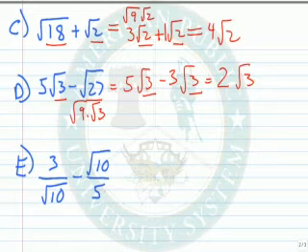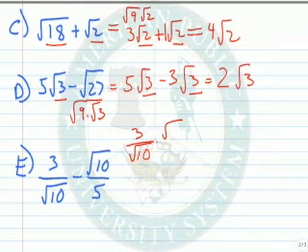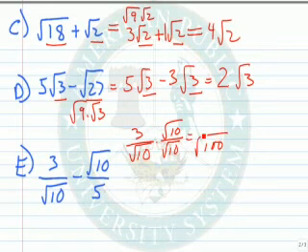What happens if we have an ugly fraction like 3 over the square root of 10 minus the square root of 10 over 5? Let's focus on 3 over the square root of 10 first. Notice that we're not allowed to have radicals in the denominator, so let's multiply the numerator and denominator by the square root of 10. So we now have the square root of 100 in the denominator.